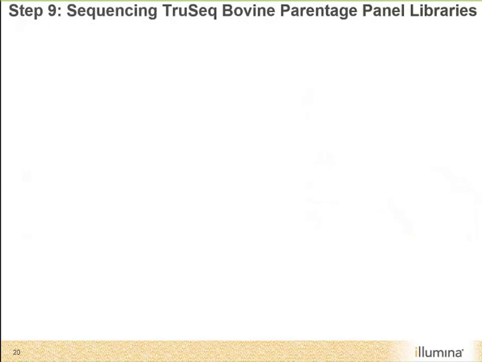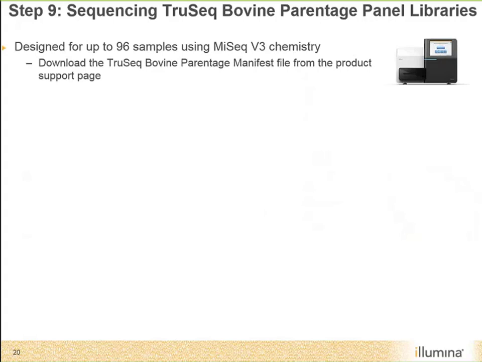So once you have your reagents and your library all loaded up into the MiSeq cartridge, we then proceed on to sequencing on the MiSeq. Like I mentioned earlier, you have the capability of pooling up to 96 samples in one MiSeq run. One piece of information that you will need to successfully sequence these libraries on the MiSeq is a manifest, which is available for download from our support site.